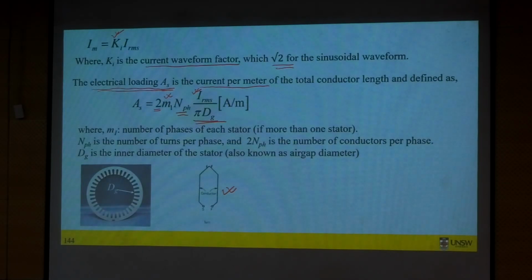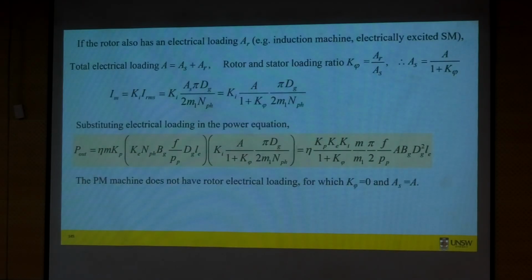And some machines might also have rotor loading, for example, an induction machine or a current excited synchronous machine. We will also have current in the rotor. So if we have current in the rotor, we should also consider rotor current loading. So the total electrical loading in those types of machines is the summation of the stator current loading plus the rotor current loading.